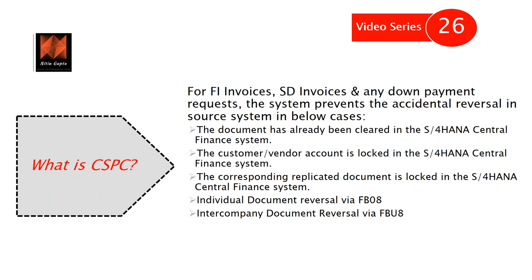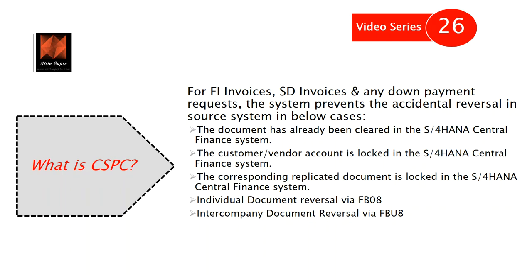If the document has already been cleared in the S/4HANA central system via payment, it will not allow the reversal of the document in ECC. If the customer or vendor account is locked in S/4HANA, meaning the vendor master or the customer master is locked, it will not allow any change in the invoice on the source side, which is good. It means something is being done. And the corresponding replicated document is locked in the S/4HANA central finance system.